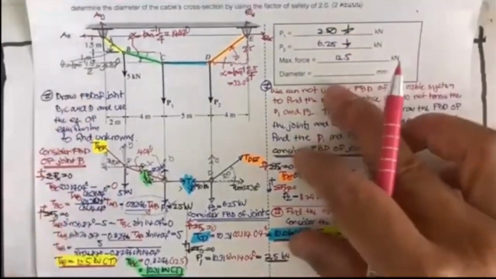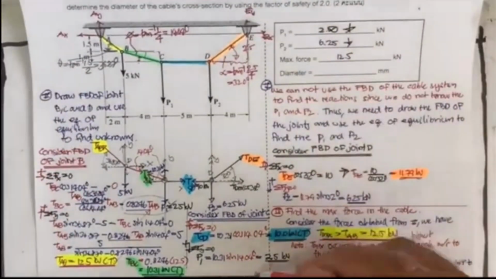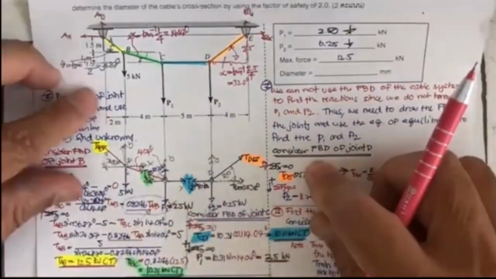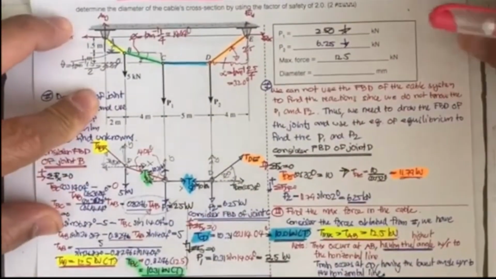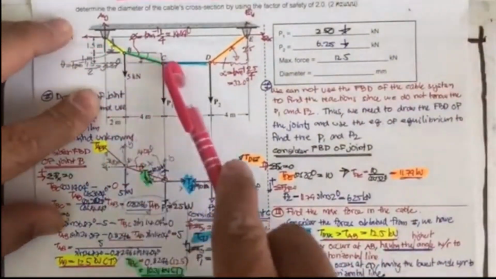Okay, up until now, we can calculate the forces in cables AB, BC, CD, and DE.